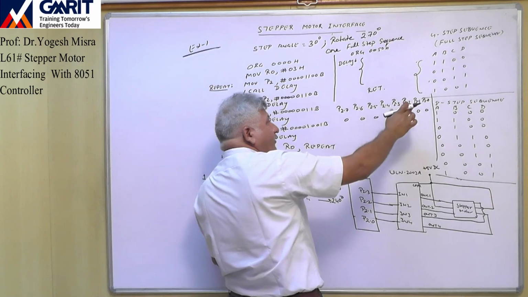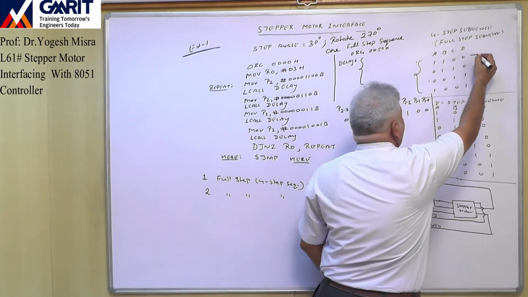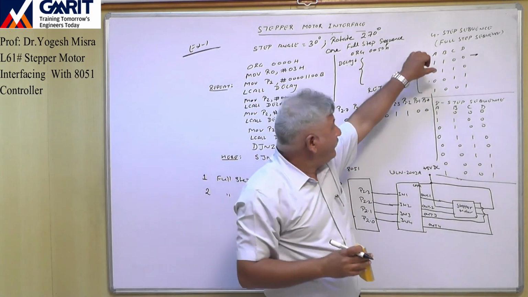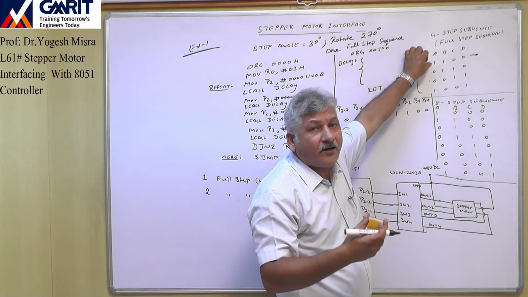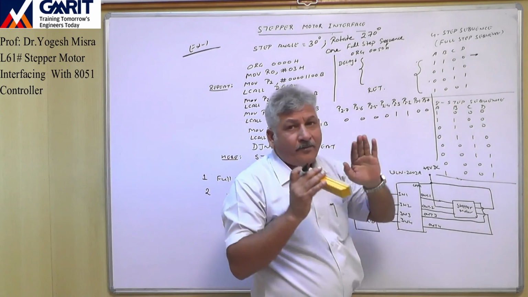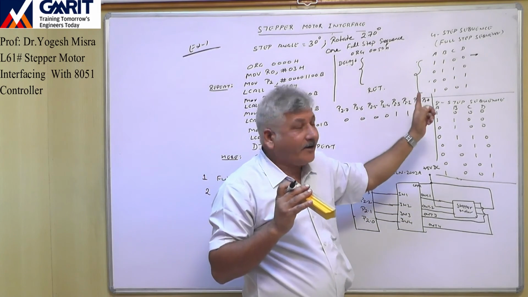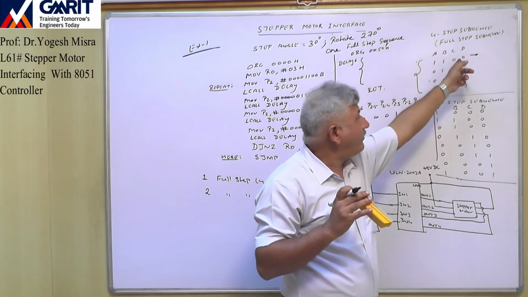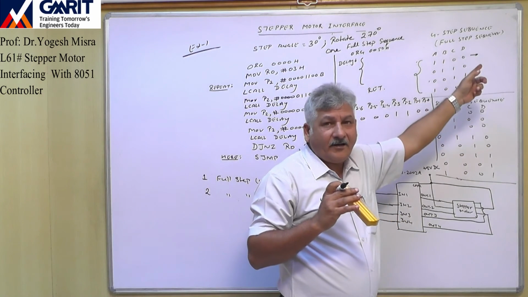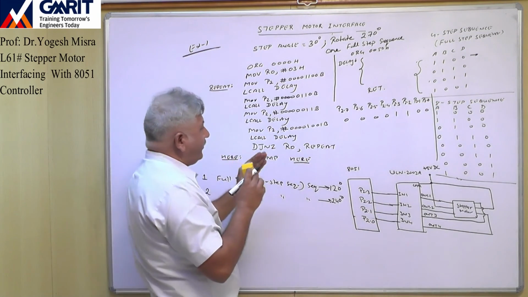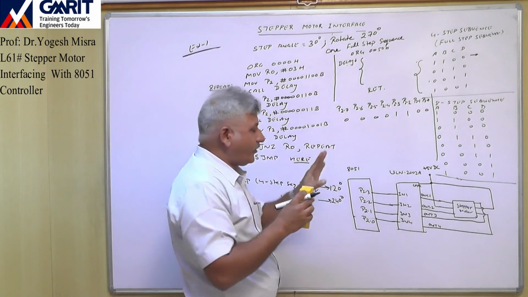Again, what we will do after this is send only one sequence, because we know that with each sequence the motor rotates 30 degrees, and the sequence should follow a specific pattern. After this we have to send this only, right? So this will give another 30 degree rotation. First we have to rotate the motor 240 degrees.